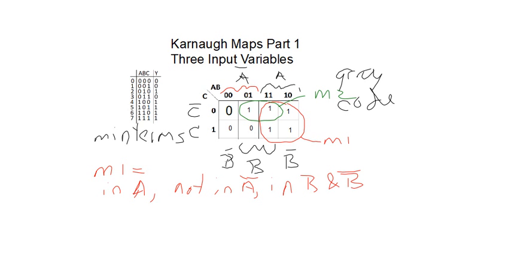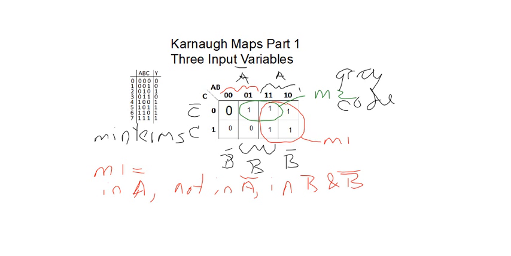Now, when it's in both of them, B and B naught, that means there's not a B component to this min term. When it's in one or the other, then there's a component. This one's in A and not in B. And if you look, it's in both C and C naught also. See, there's C naught and there's C. So part of my min terms in both.